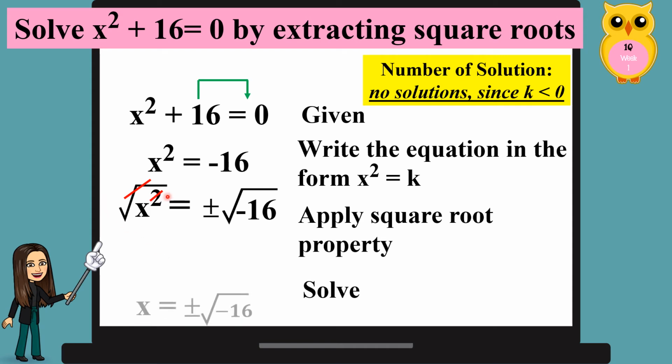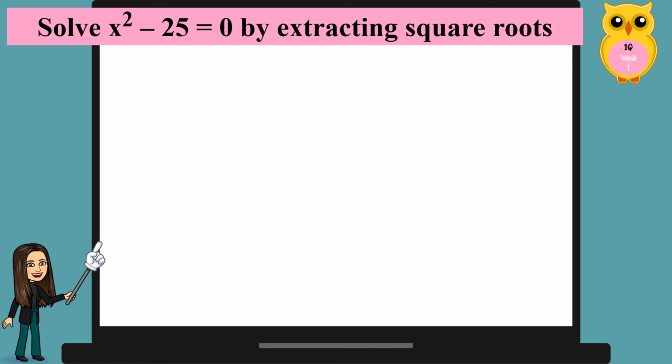Cancel po si radical sign and exponent. So you have here the value of x, which is positive negative the square root of negative 16. So wala naman pong square root ang negative numbers. That's why we say that this quadratic equation has no solution.